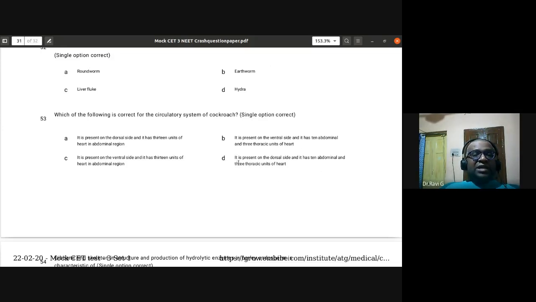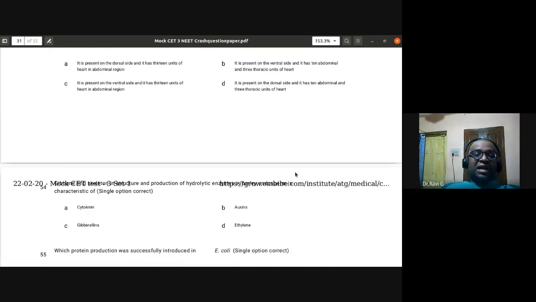This is the correct statement regarding the circulatory system of cockroach. D is the correct statement. Only in chordates do you find the heart on the ventral side. Totally it has 13 units of heart.